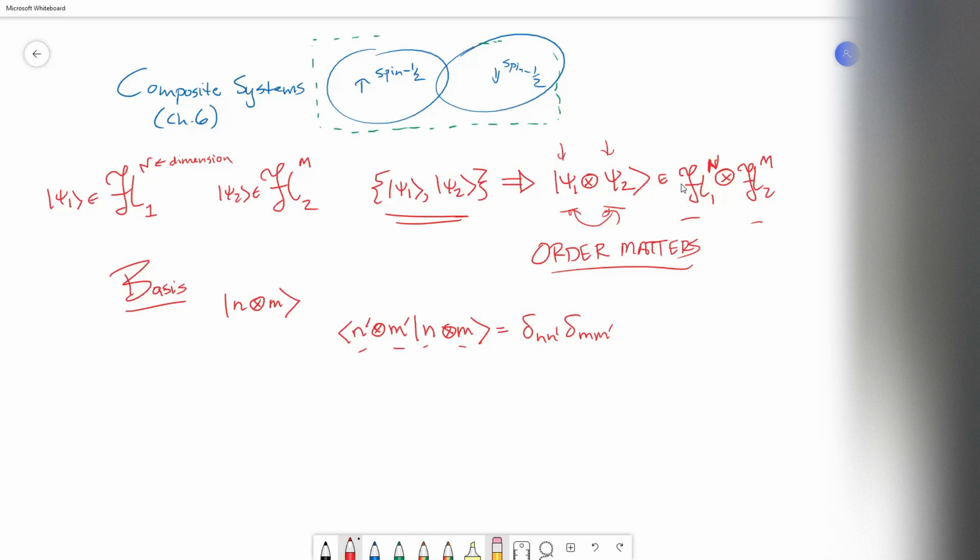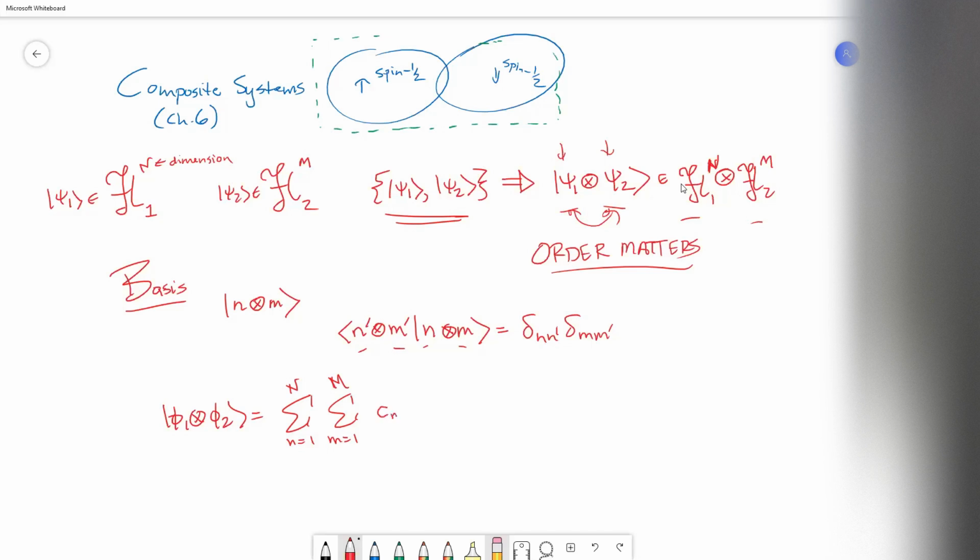And so you could do a basis decomposition in principle of any state, phi1, phi2, which would be now a sum over the first Hilbert space basis and the second Hilbert space basis. You would have individual coefficients for each of those basis elements.